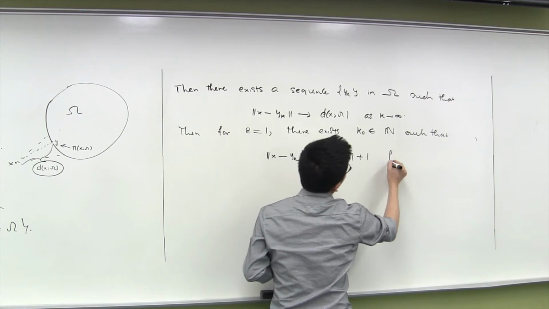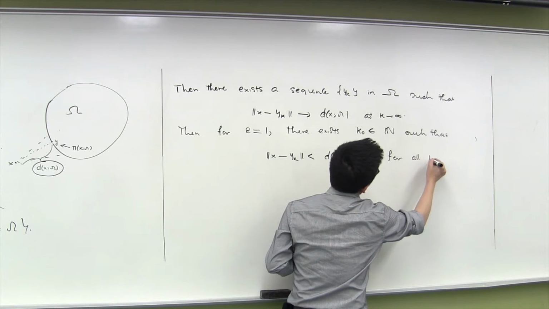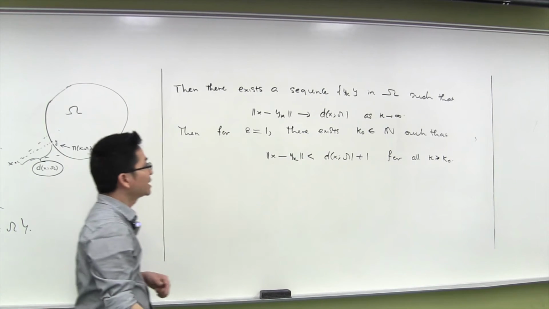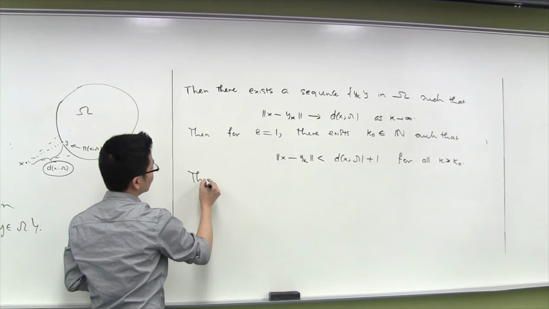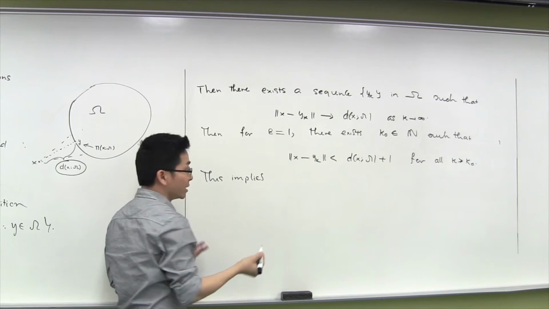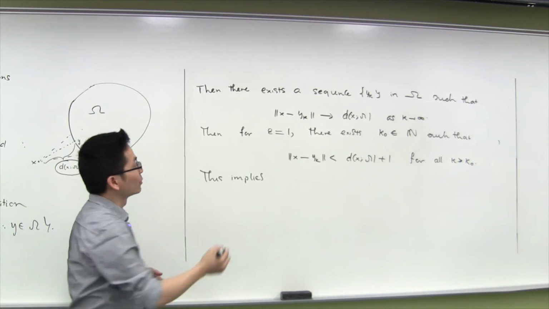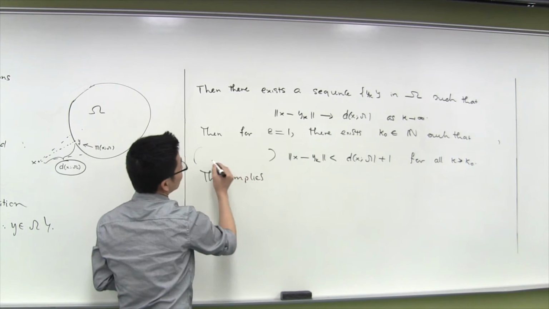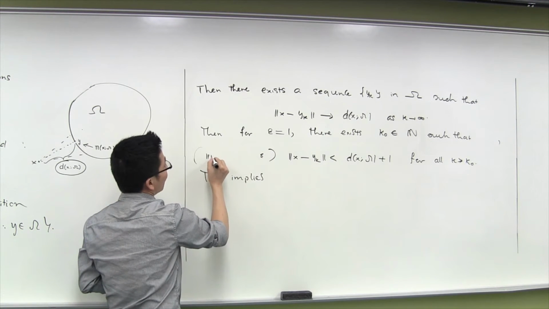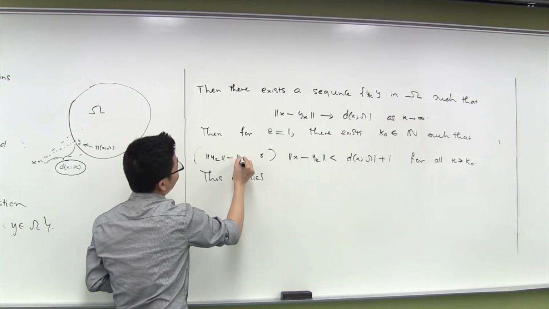and this is true for all k greater than or equal to k_0. This implies that, again applying the triangle inequality, this is always greater than or equal to the norm of y_k minus the norm of x.